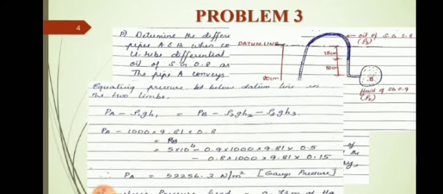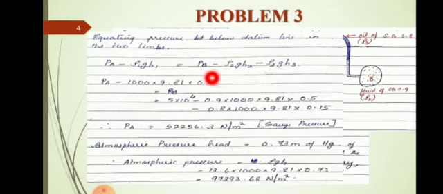So how will the equation come? PB, since it is inverted, you have to do subtraction. PB minus rho 2 GH2. What does this 2 suffix stand for? 2 suffix stands for the fluid in the pipeline B, and minus rho 3 GH3. 3 suffix stands for the manometric fluid or oil of specific gravity 0.8.